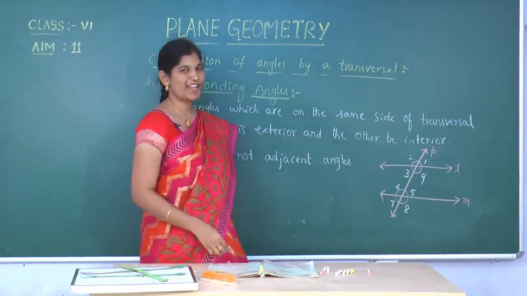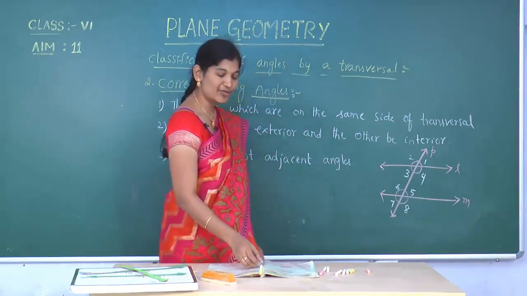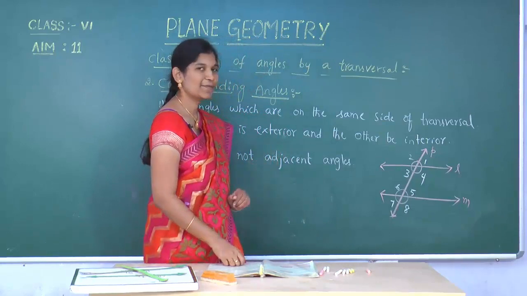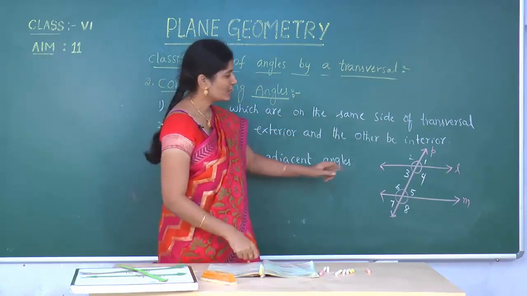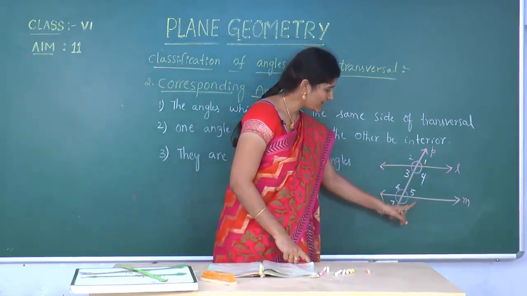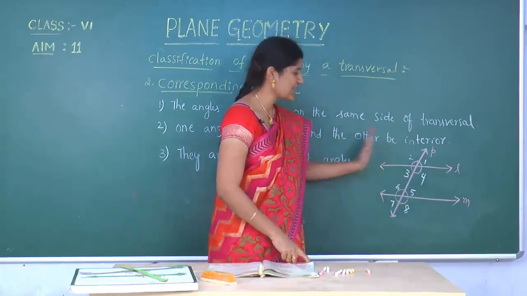What are the corresponding angles? Let me identify the pair of corresponding angles here. The first rule is the angle should be on the same side of the transversal. So here 1, 4, 5, 8 are same side, 2, 3, 6, 7 are same side.